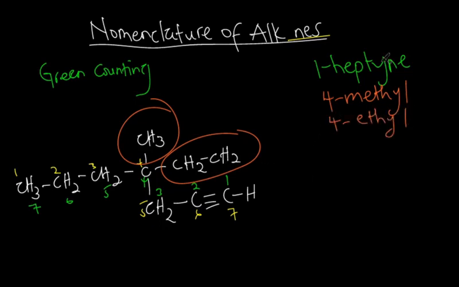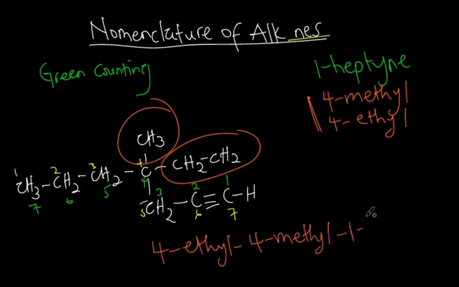Now we just need to arrange these alphabetically and then we get our answer, I mean the substituents. So E comes before M, so we have 4-ethyl-4-methyl-1-heptyne. Okay, so this is the name of our molecule in this example.